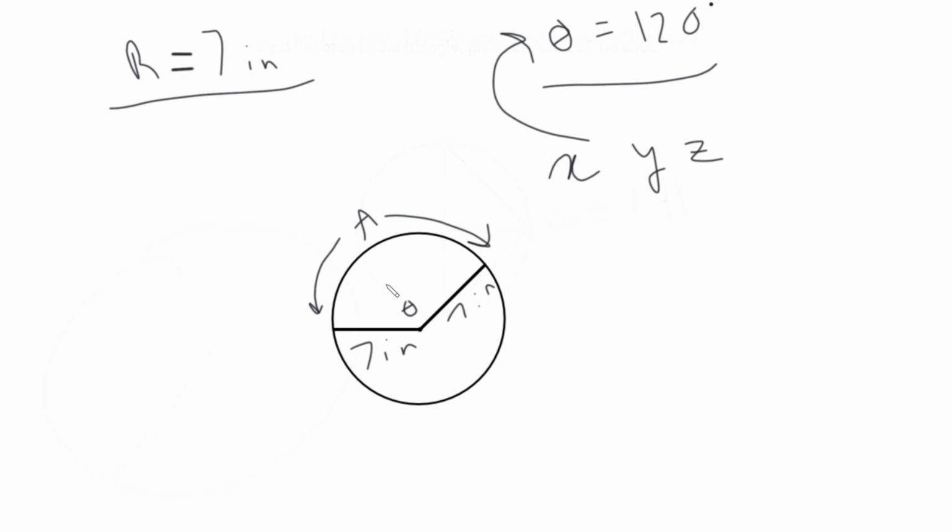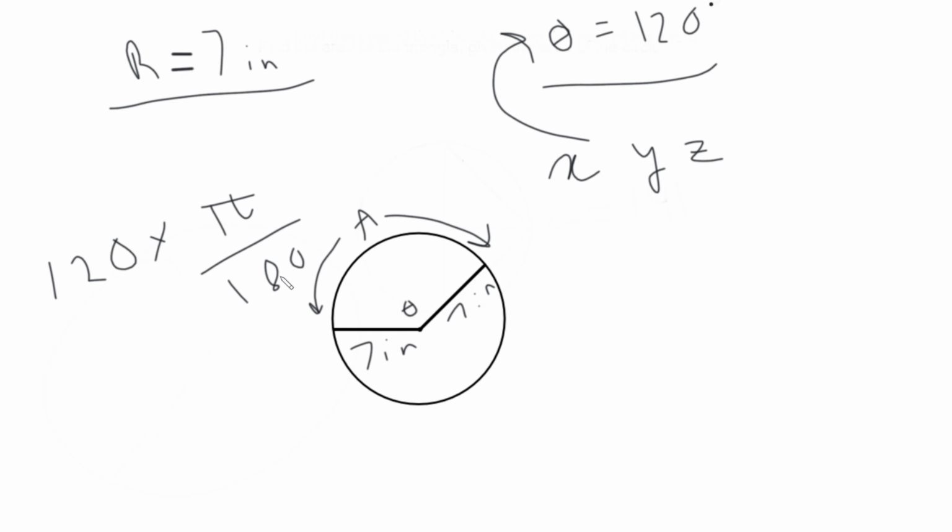The way we do it is multiplying by pi over 180.